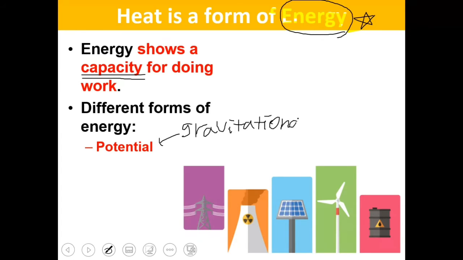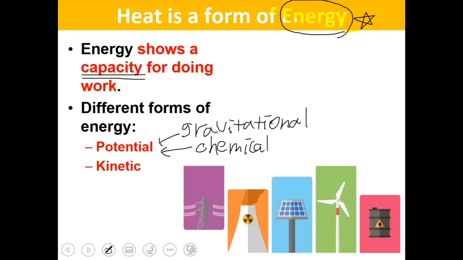For example, if you drop a ball from a certain height, it has a certain energy to give an impact once it falls all the way down and hits the ground. There's also chemical potential energy. Even though there are many different types, these two are the common ones that you'll see in junior high and high school.